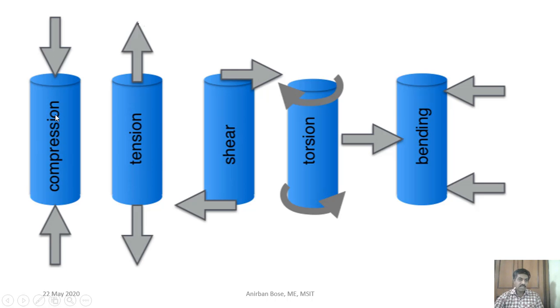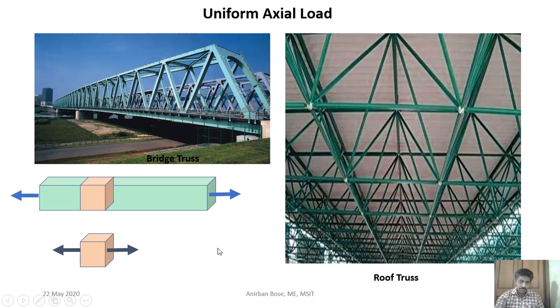These two are under the category of uniform axial load. Here you can see some practical examples. This is a bridge truss. These structures are called truss structures, and this is a roof truss. So in bridges and roofs you can find this kind of structure, and these truss members have this kind of axial loads.